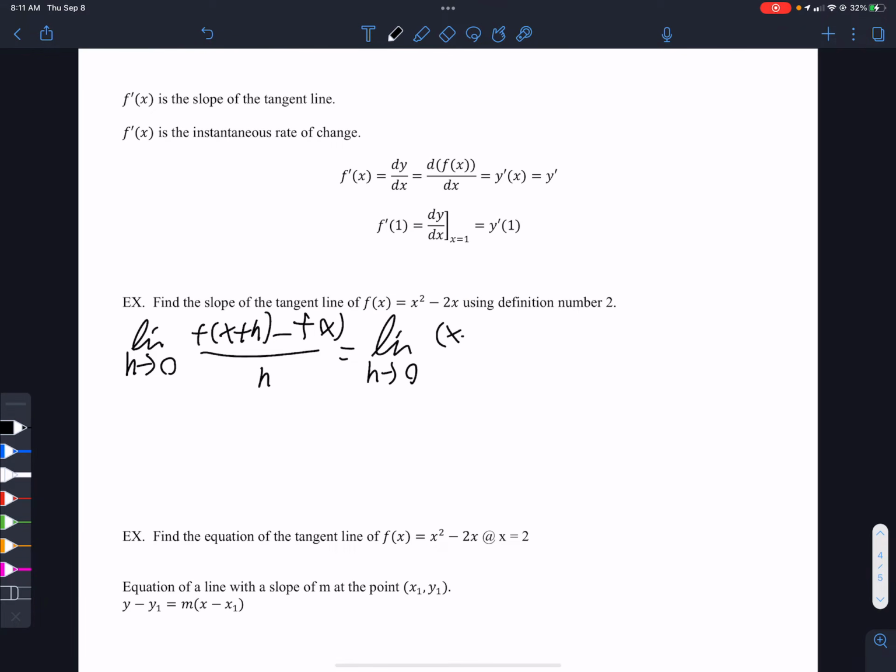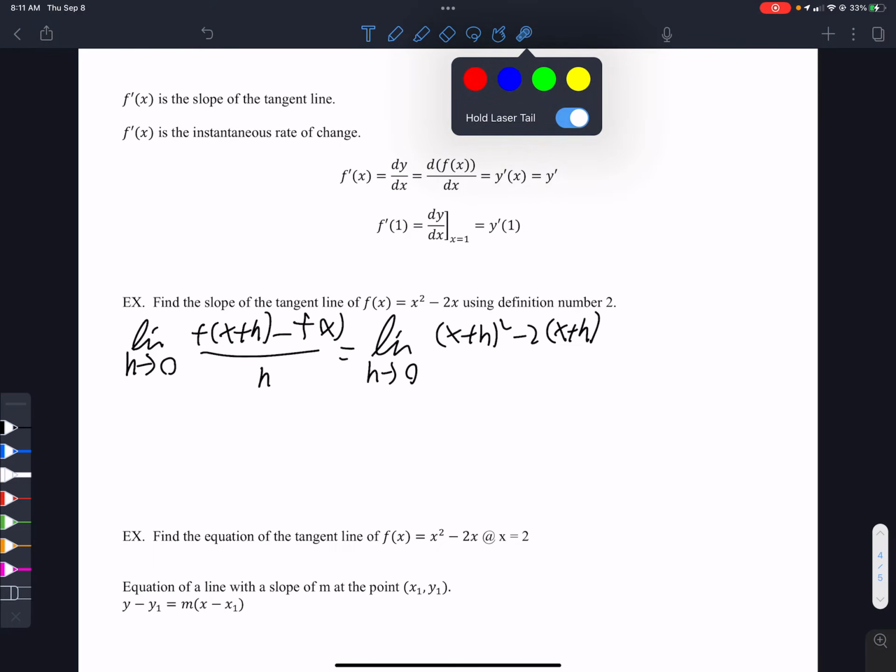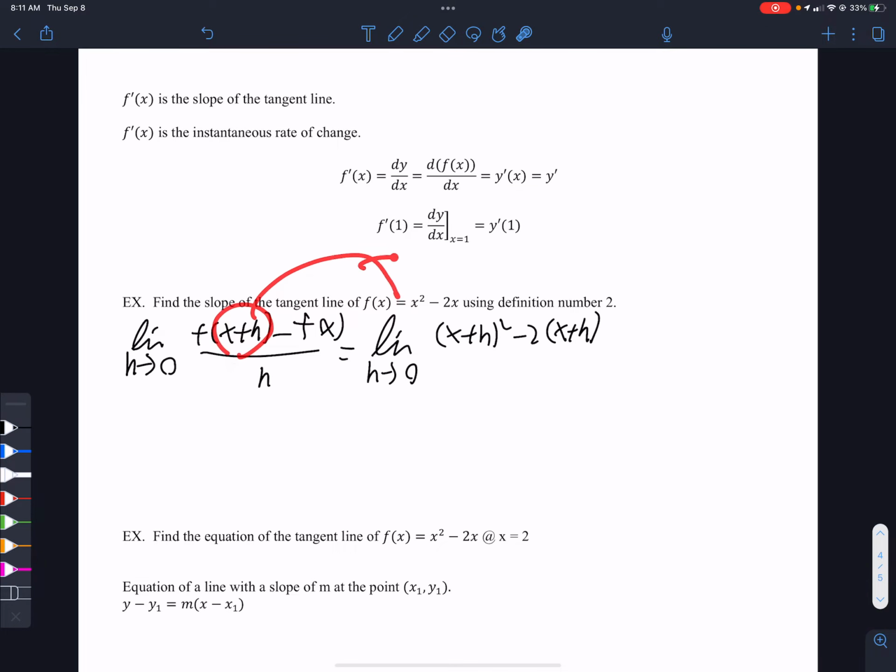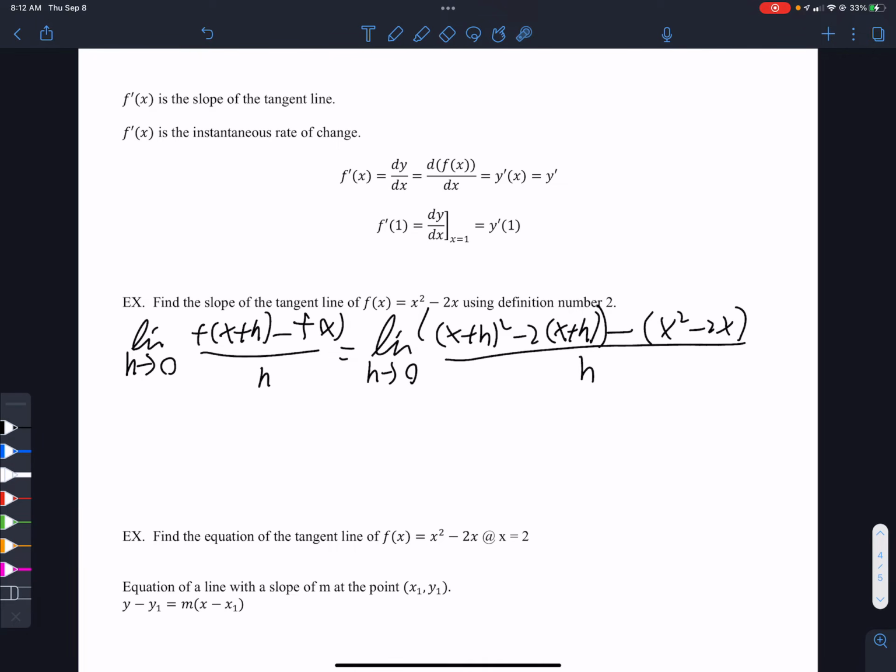So I'm going to get (x plus h) squared minus 2(x plus h). So if I plug this x plus h into all the x's, that gives me f of x plus h. Minus, let me get an extra parenthesis, f of x. So it's just the whole original function, x squared minus 2x, all over h.